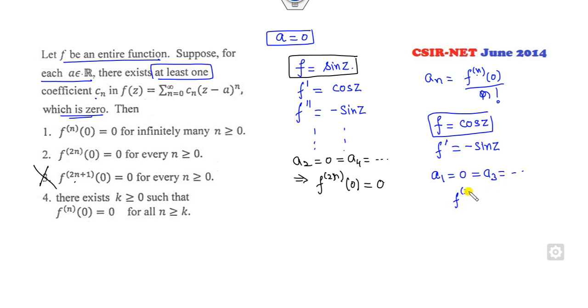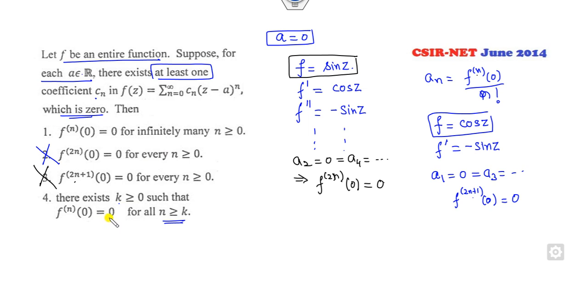That means the 2n plus 1 coefficients are 0, but now it's even, so both are cancelled out. Now f of n is 0 for infinitely many n. And the last is there exists some k such that this is 0 for all n greater than or equal to k. So there exists some k, after that it will be 0.